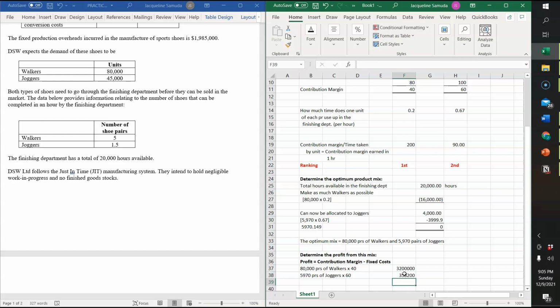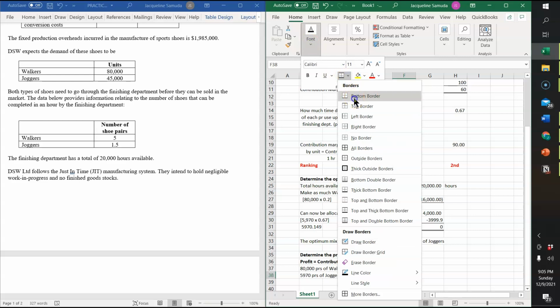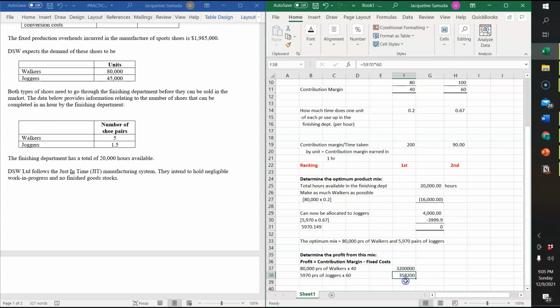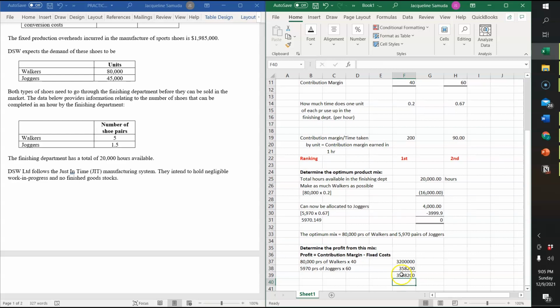All right, so now we have our combined contribution margin, which is the sum of these two. $3.5 million.